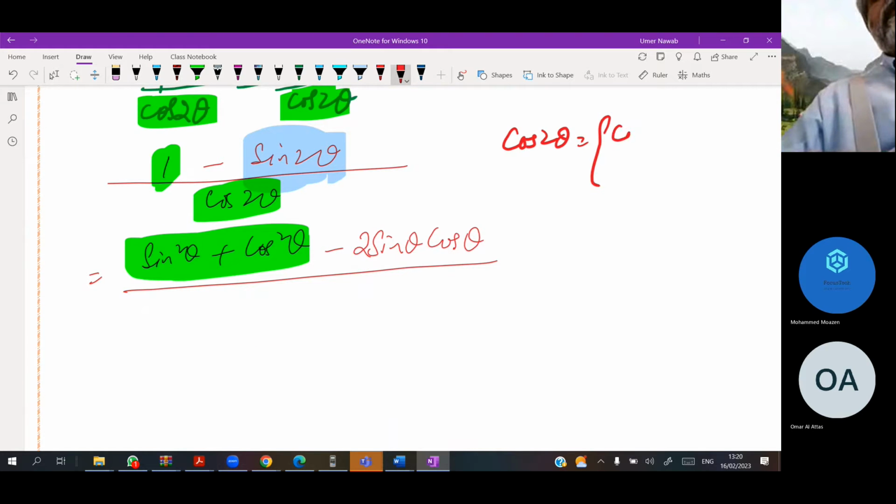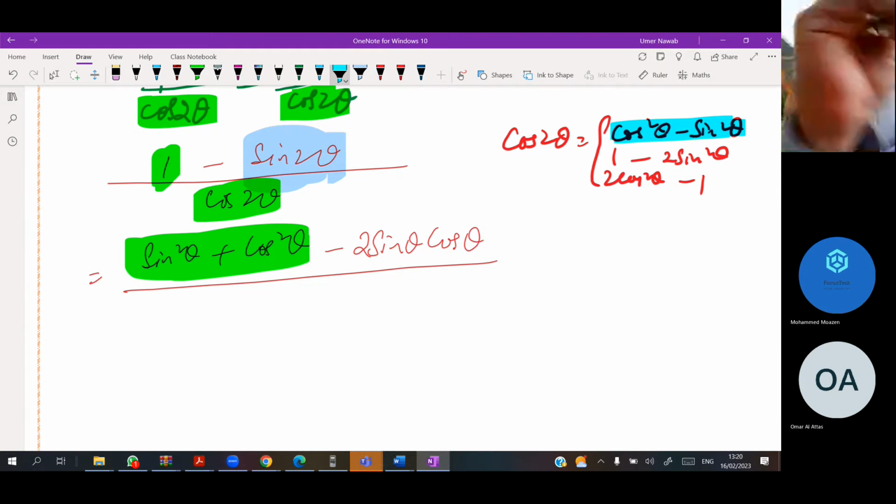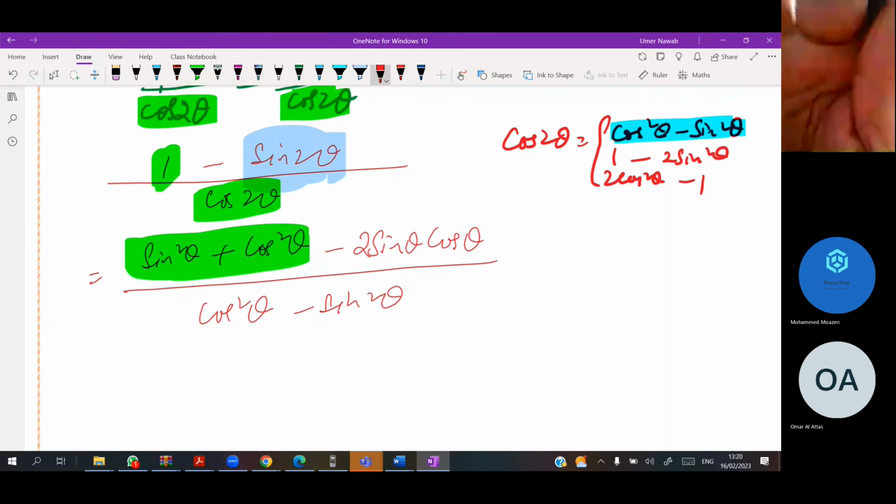Maybe Mr. Hamad has taught you cosine squared theta minus sine squared theta, 1 minus 2 sine squared theta, or 2 cosine squared theta minus 1. So I'm going to use, Omar, this one: cosine squared theta minus sine squared theta.